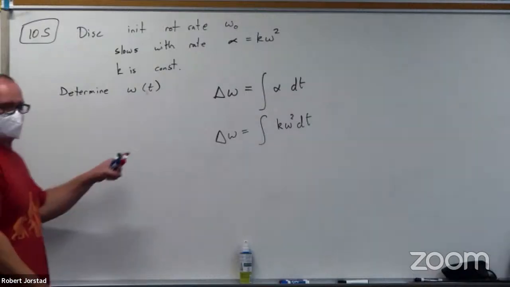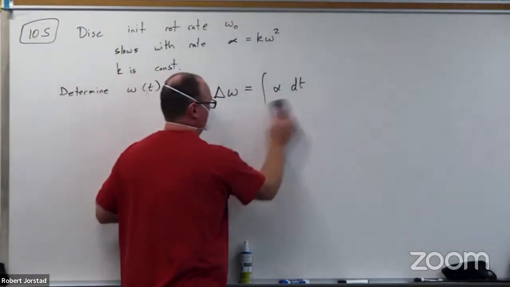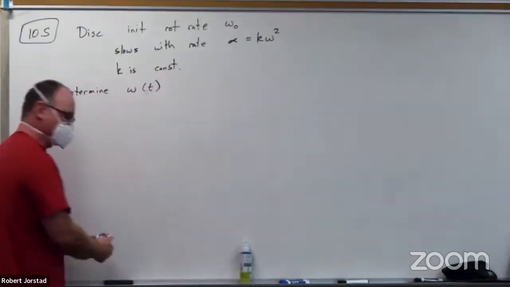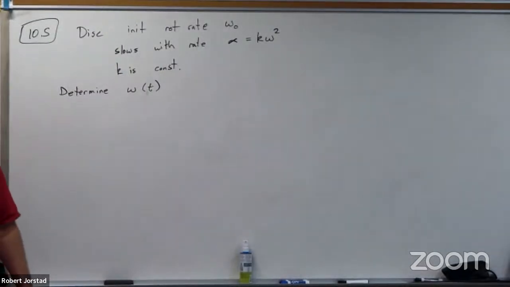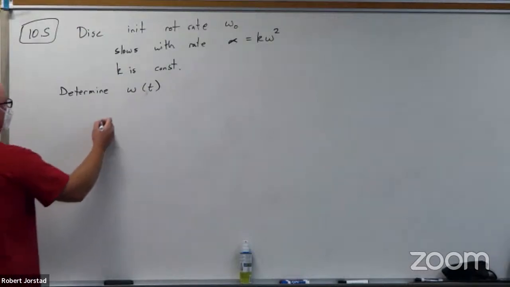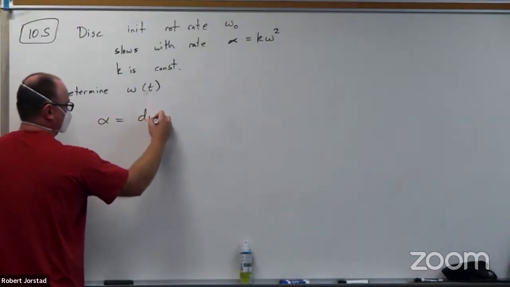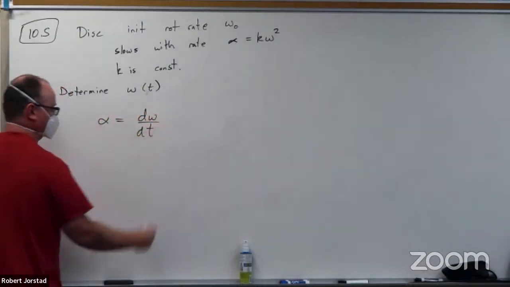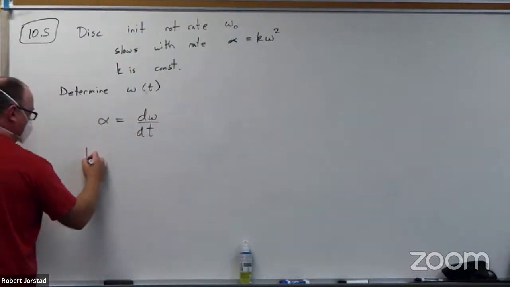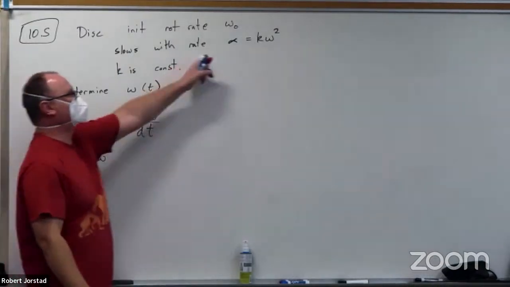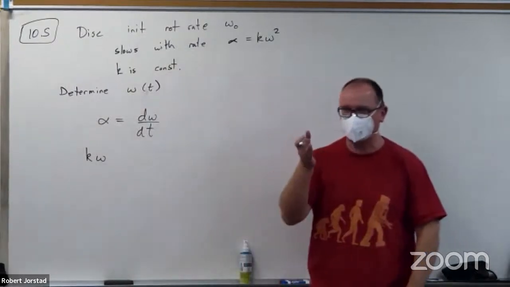That was a good thought, but it totally does not work. That's a good first guess though, because that's what worked in the last problem. What were you going to say? Alpha equals d omega over dt. What process are you employing now? Separation of variables. Exactly. When alpha depends on omega, separate before you integrate.